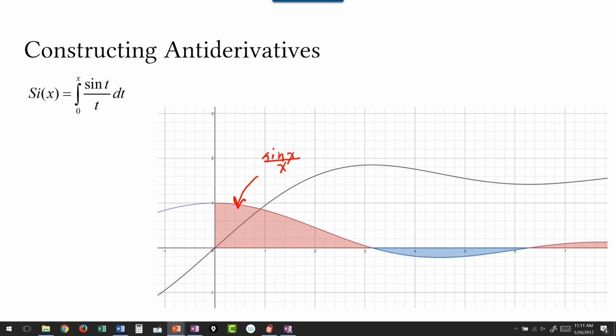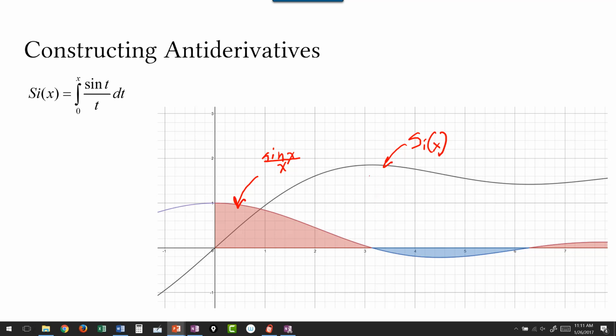And notice that as sine does, this oscillates between positive values and negative values. So instead of capital F, this function is common enough that it has its own name. We call it the psi function, Si of x. And that's the black curve here, representing the area underneath sine x over x from 0 out to x.